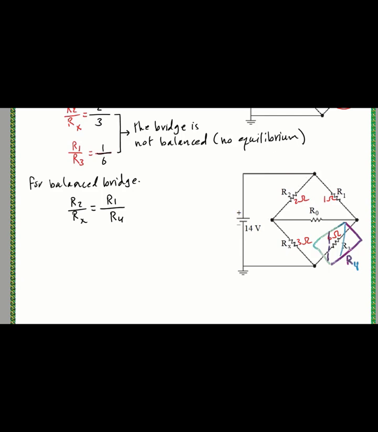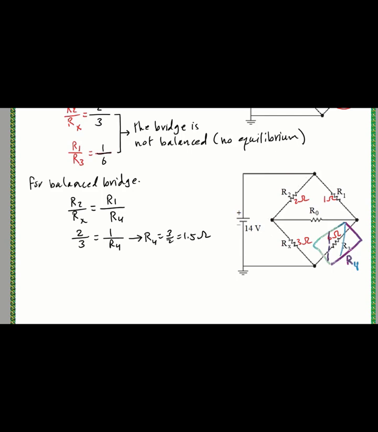Now R2 is 2, Rx is 3, R1 is 1, R4 is unknown. If you do the calculation, you will find R4 equals 3 over 2, which is 1.5 ohms.